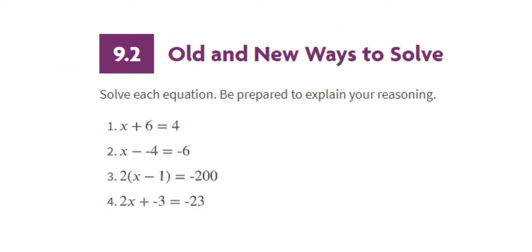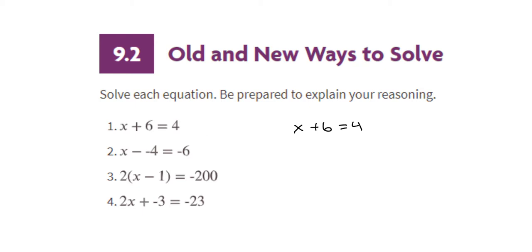Okay, 9.2 says solve each equation, be prepared to explain your reasoning. So this first one's pretty straightforward. We have x plus 6 is equal to 4. We know that we have to add a negative number to 6 to equal 4, right? So what number could we put in here for x? We could say it's negative 2.